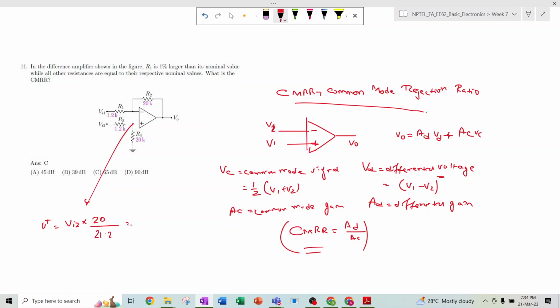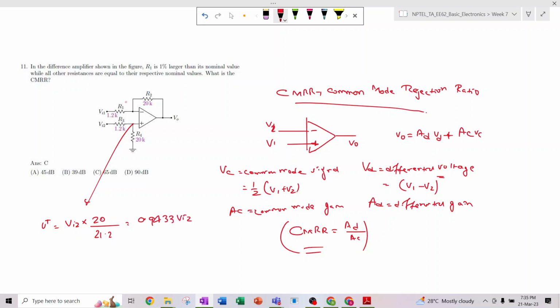So this is 20 divided by 21.2, 0.9433, so 0.9433 Vi2.